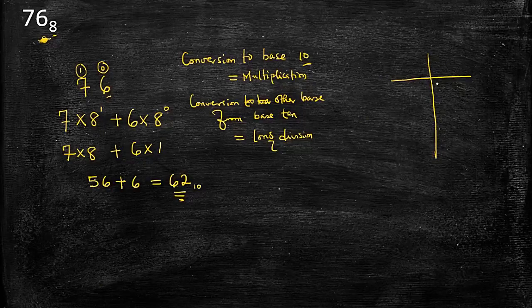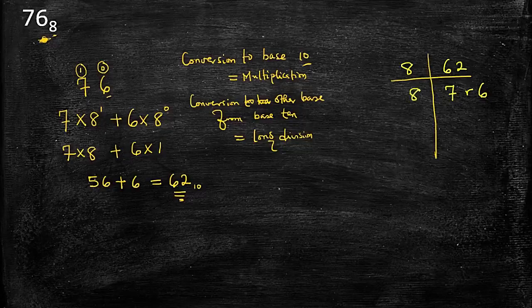We write down the number, this is 62. Then the base we are converting to is 8, so I'm going to write 8. 62 divided by 8: 8 goes into 62 7 times, remainder 6.